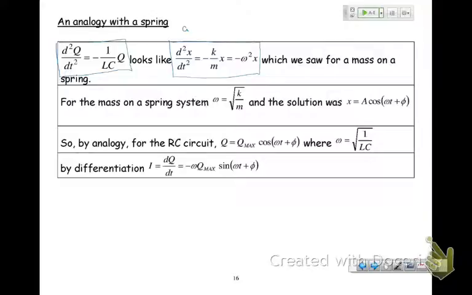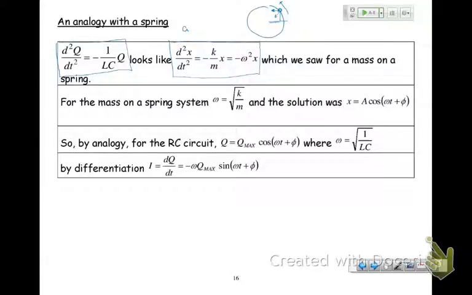We did that with the circular motion. We had that guy going round, and we'd say we want the x component of its position, which gives us displacement, and the x component of its tangential velocity gives us velocity, and the x component of its centripetal acceleration gives us our acceleration.